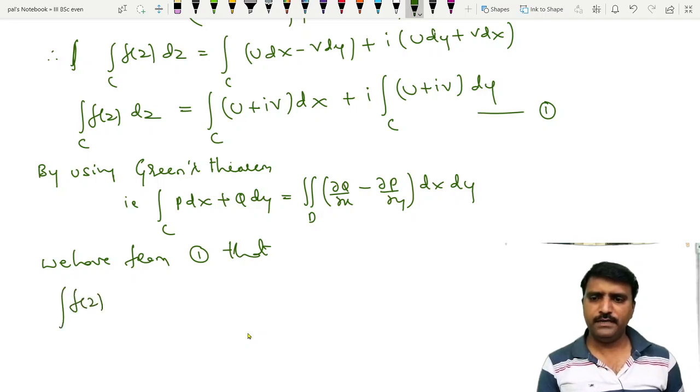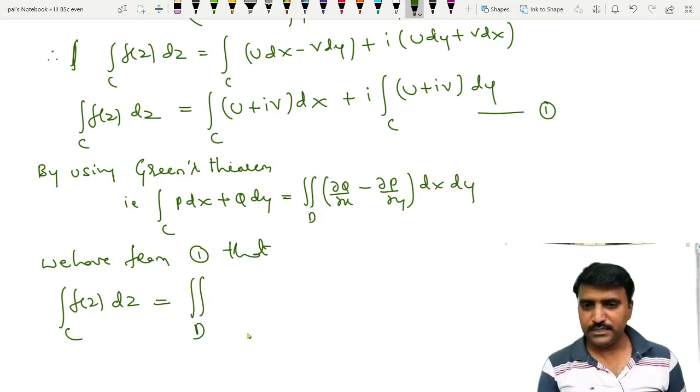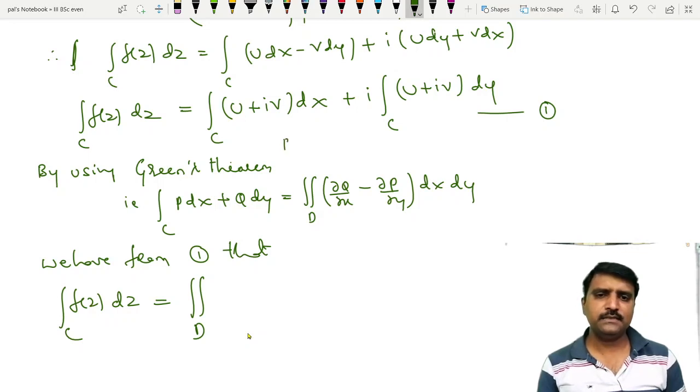Now we have the integration of f of z dz over C is equal to the double integration over D of del q by del x. What is in place of q? This is like p dx plus q dy. So in place of p we have u plus iv, and in place of q we have i into (u plus iv).